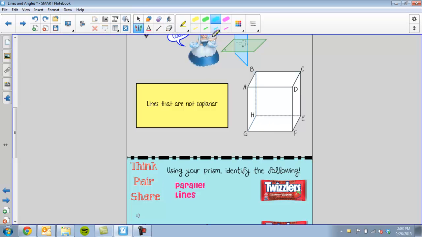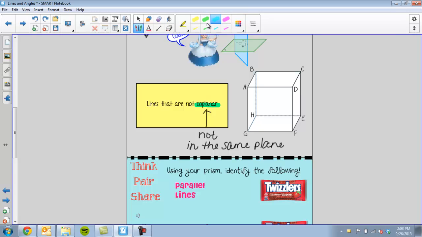Now, coplanar, for those of you who have forgotten, means lie in the same plane, so not coplanar means do not lie in the same plane.